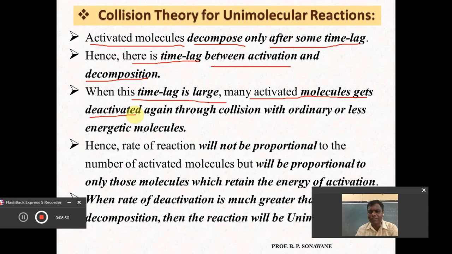This is just like an example: suppose we are waiting for someone, and we have arrived there. So there is a time gap, or a time lag, between arrival and waiting. But if this time gap is quite large, then it is possible that some of the people leave and go back, and this process is called deactivation.